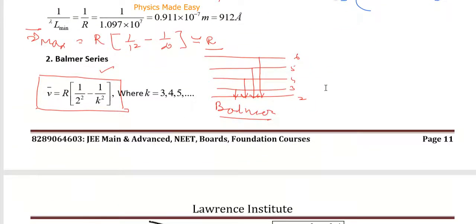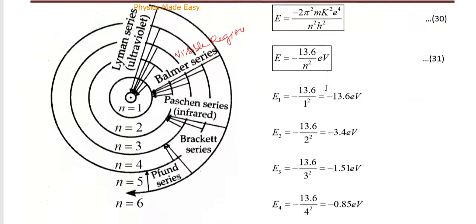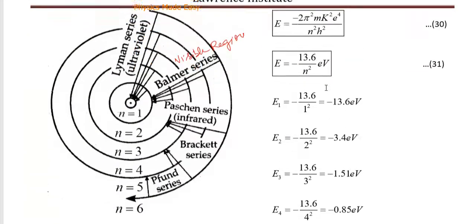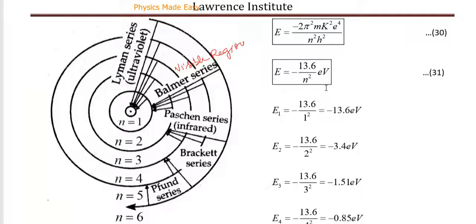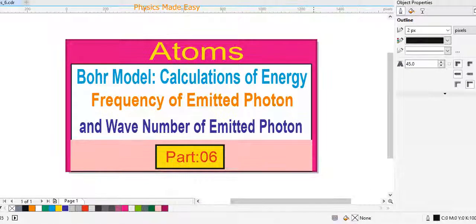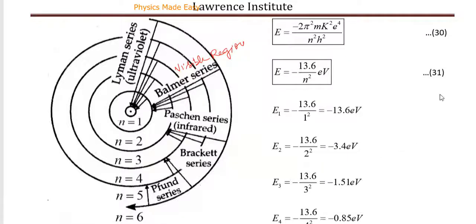Now let us again have a look at this energy level diagram. The Lyman series is formed when the electron from a higher level falls in the first level, and this falls in the ultraviolet region of the electromagnetic spectrum.